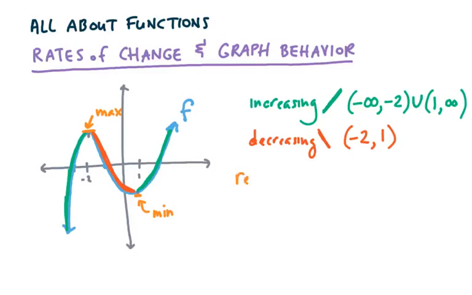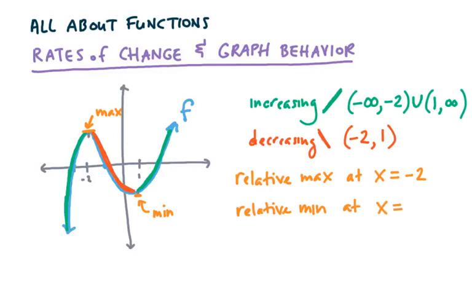So I'm going to say that we've got a relative maximum. And I didn't give you guys a y scale, so let's just say at x equals -2. If I had told you the y value, we could have written it as an ordered pair. And then we'll say similarly, we've got a relative minimum value located when x is equal to 1.